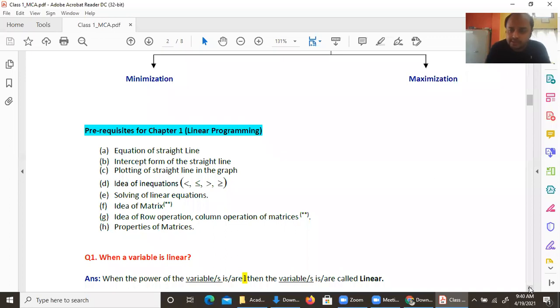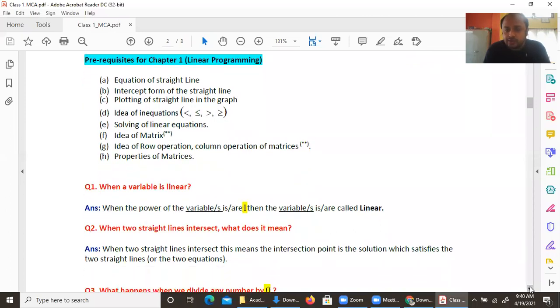Most of the students from MCA are very good in mathematics, so it will not be hard for them to grasp the idea of linear programming problem. I think that most of you are fully acquainted with the topics A to H, which can be considered prerequisites for studying linear programming problem. Okay.